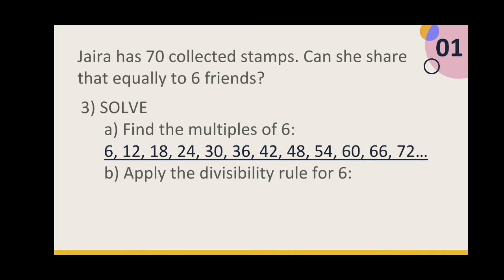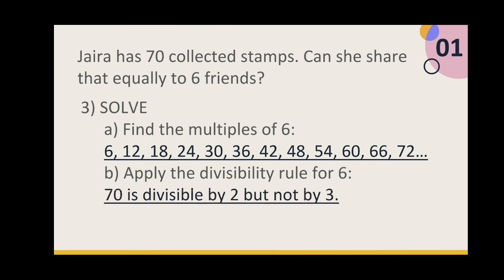Another option is to apply the divisibility rule for 6. So what is the divisibility rule for 6 again? It should be divisible by both 2 and 3. So let's check if 70 is divisible by 2. Yes, because the last digit is 0. Now for the divisibility rule for 3, 7 plus 0 equals 7. 7 divided by 3 equals 2, remainder 1.